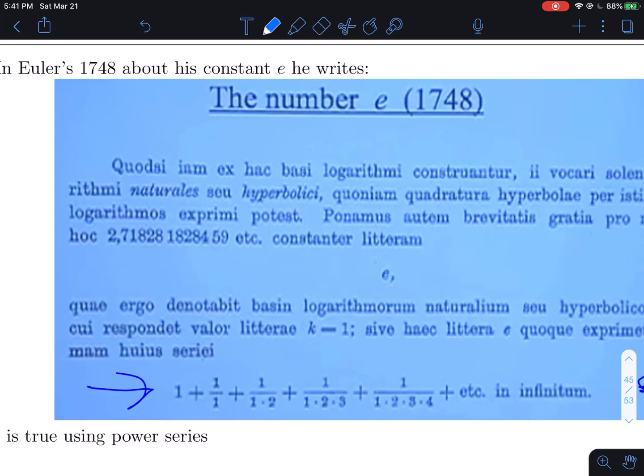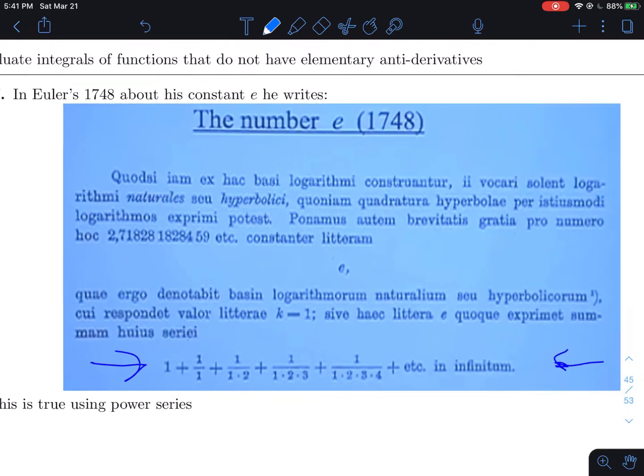The natural logarithm was discovered first, the quadrature of the hyperbola, or the area under 1 over x. And then you have to ask, well, it's one-to-one, it has an inverse. What is its inverse? And so he says that this is this value e.